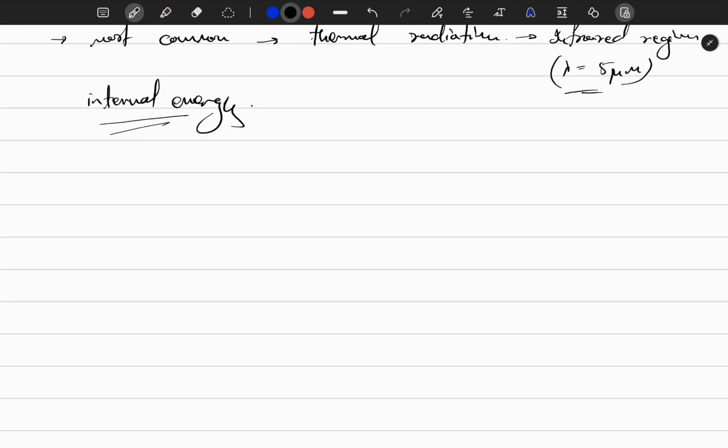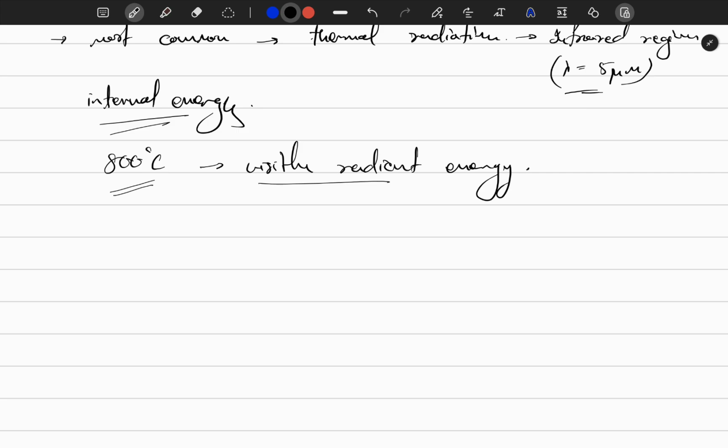So at a temperature of about 800 degrees Celsius, bodies emit visible radiant energy and appear red hot. A large part of the energy still lies in infrared, but some part also in the visible radiant energy.